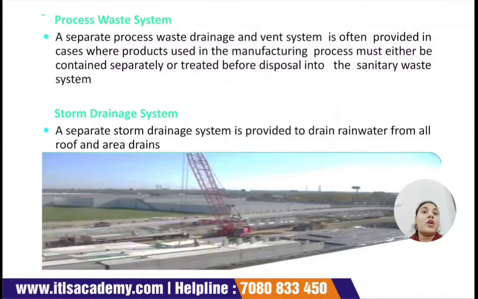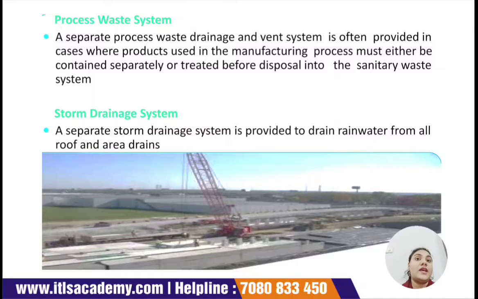Now comes the process waste system. The next type of waste system is the process waste system. This is the waste that is produced when a particular drug is manufactured.